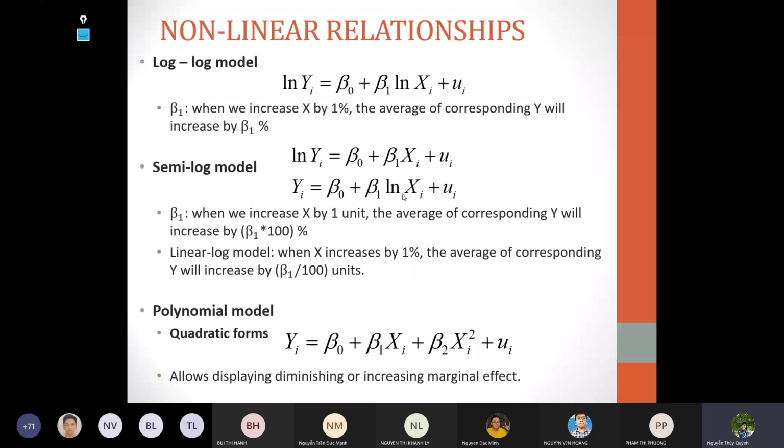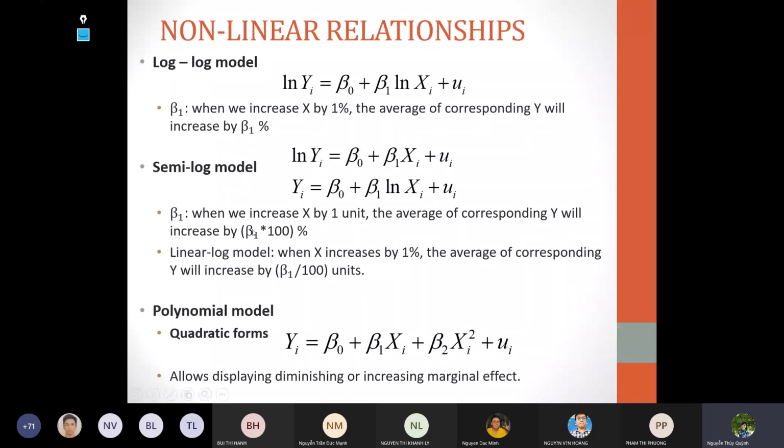Beta 1 here tells us that when x increases by 1%, the dependent variable y will increase by beta 1 divided by 100 units.